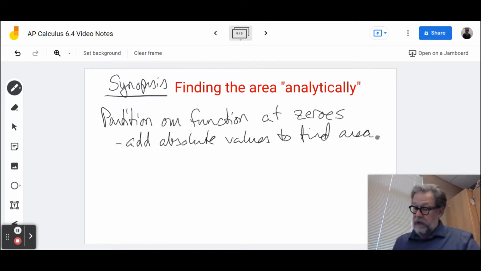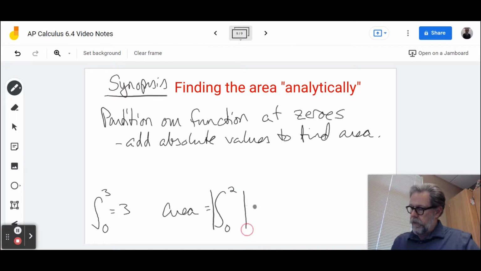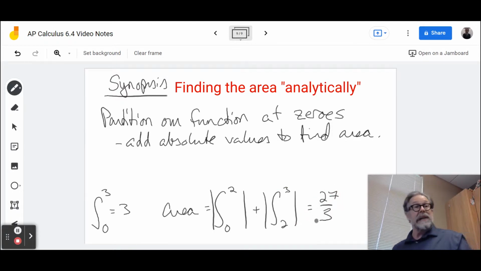Now, keep in mind that if somebody says, hey, what's the integral from 0 to 3? Well, it's 3. But if somebody says, what's the area, then, of course, we have to split it up and we get a completely different answer.